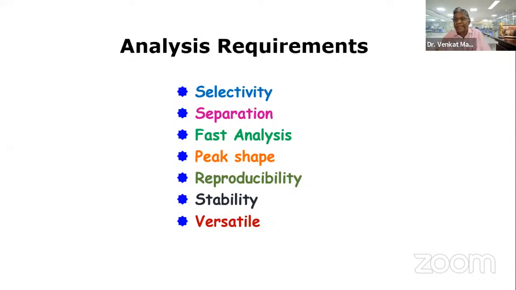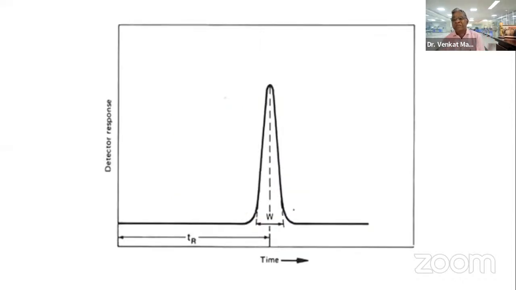You have to define. So analysis requirements play a very important role. I know what kind of sample it is. I know what kind of column I am going to choose, so I am going to understand the theory. I also know what my requirement for analysis is. Once you define all these parameters, life becomes simple.